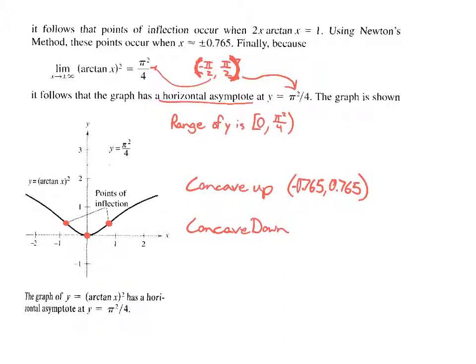It's concave down from negative infinity up to negative 0.765, and from positive 0.765 to positive infinity.